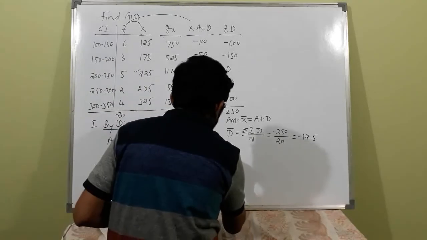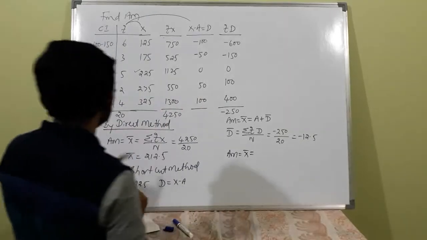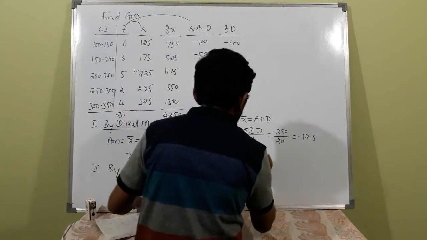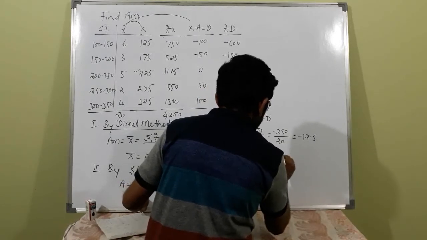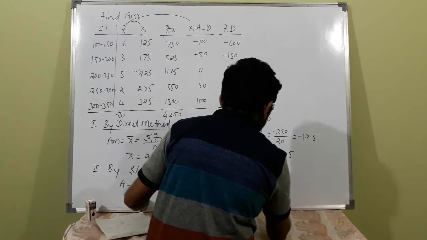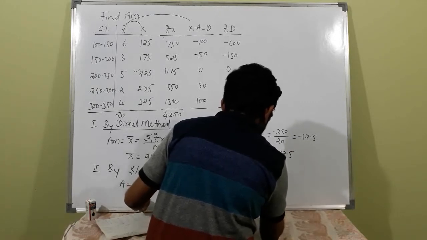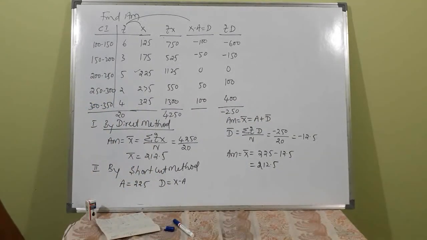So actual arithmetic mean required is x bar is equal to assumed mean A plus D bar, 225 minus 12.5 is equal to 212.5. Okay, you got the same answer.